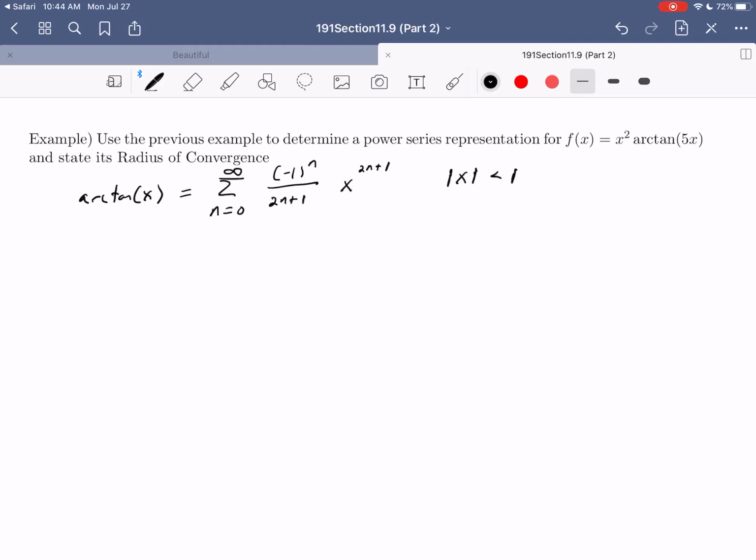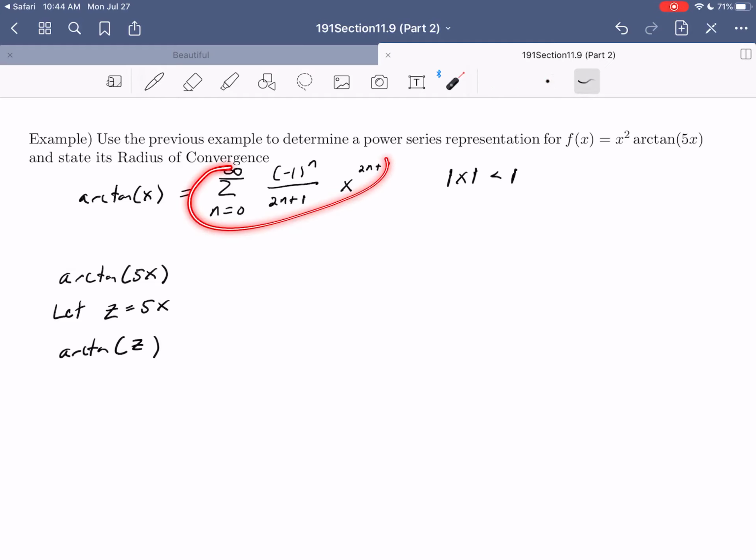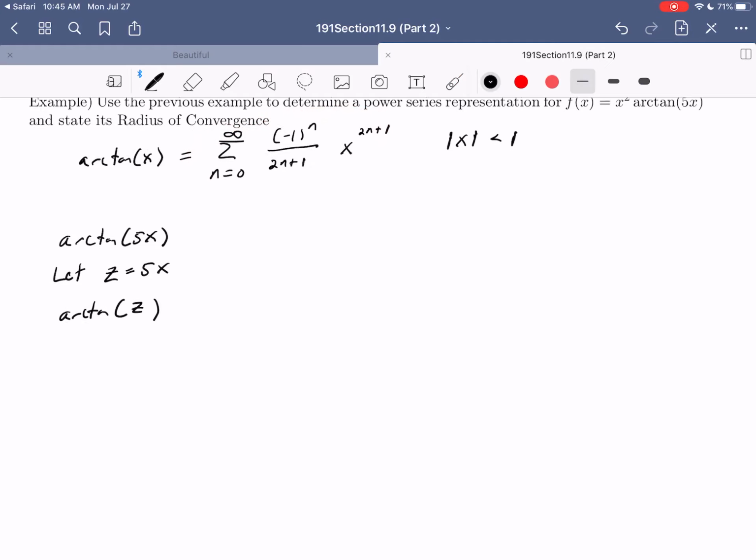So let's take a look at how we would do this. Well, let's look at arctan 5x. We can let z equal 5x, so we're looking at arctan of z. Why am I not worried about that x squared? Well, we can always multiply by x squared at the end, and then that x squared will just distribute through the power series, so we can deal with that later.